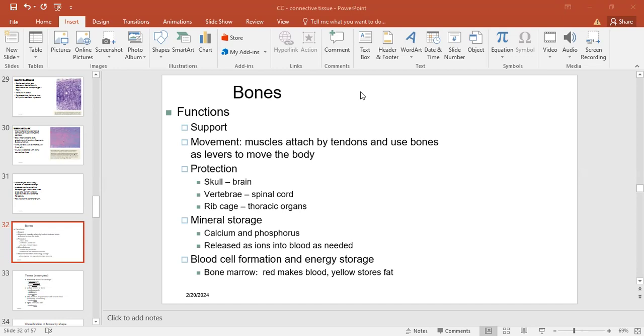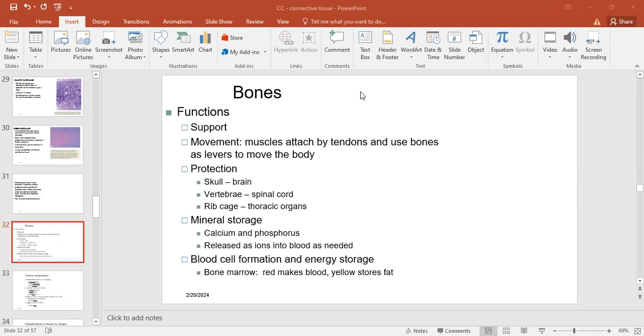So today we're going to look at bones. Bone is another type of specialized connective tissue. Some of the functions of bone, like we already know, include support. Obviously, bones support the soft tissue of our body. It provides support, movement.